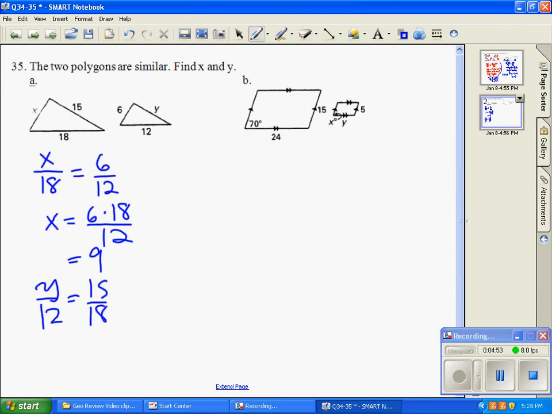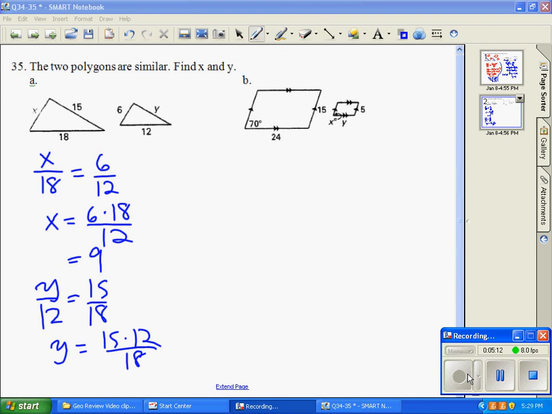Again, cross multiply. So the 12 goes over to the other side. We get y equals 15 times 12 over 18. Okay, so just punch that in your calculator real quick. Okay, and so the y comes out to being equal to 10.